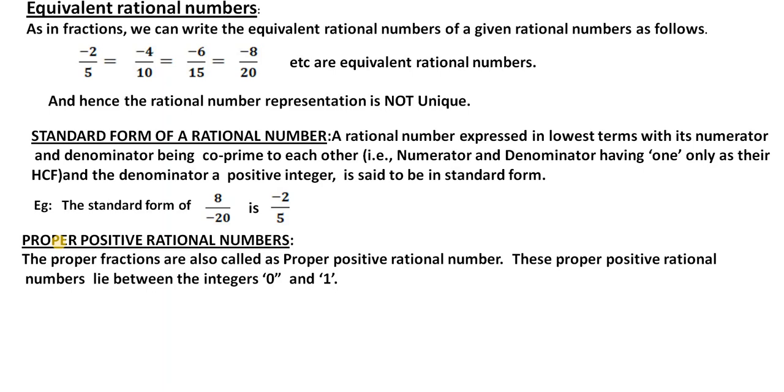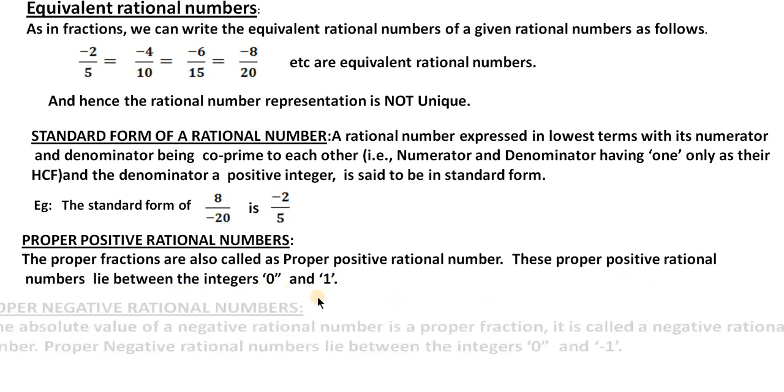The same way, proper positive rational numbers means the magnitude should be a proper fraction, and the sign should be positive. So the proper positive rational numbers lie between 0 and 1. In rational numbers signs are assigned, so you say proper positive rational numbers. They all lie between 0 and 1.